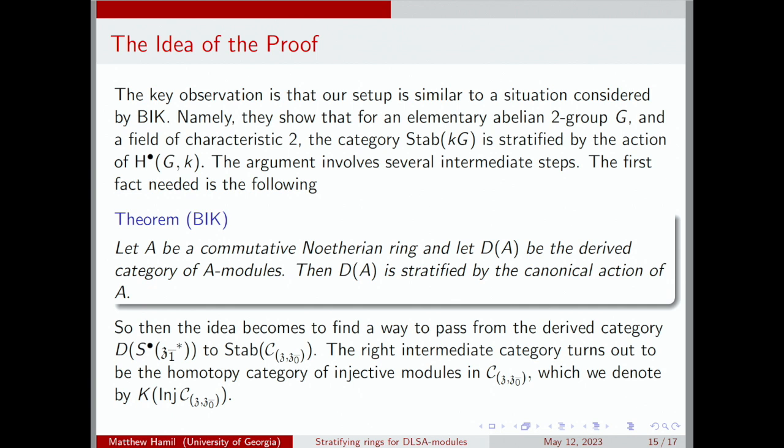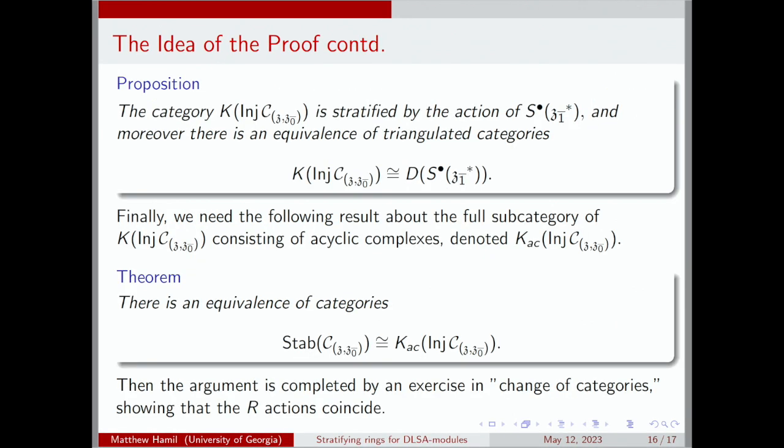You can't do it immediately, so you need an intermediate category. What turns out to be the right thing to consider is the homotopy category of injective modules in CZZ0, which I denote here by K-inj CZZ0. You can show directly that K-inj is stratified by the action of the cohomology ring. And there is an equivalence of triangulated categories between this K-inj and the derived category.